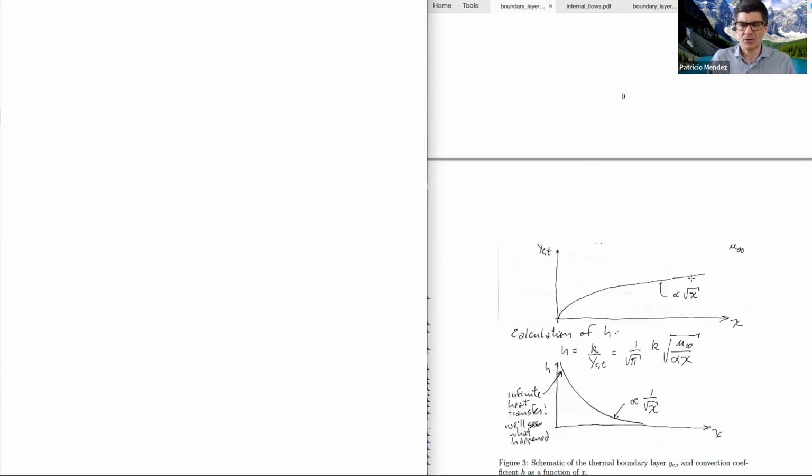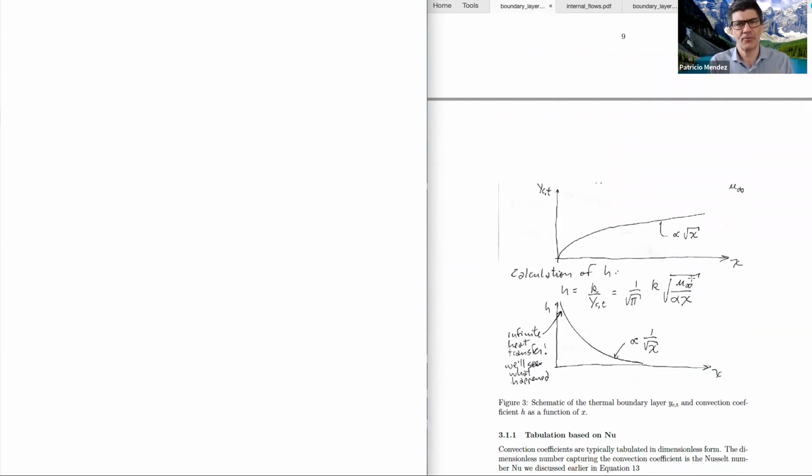Then we said, okay, but molten metals are very fine, thank you very much. I work with water or oil or air, none of which is a molten metal with a very small Prandtl number. So we said, okay, we need to go back and remember the viscous boundary layer from fluid mechanics first.